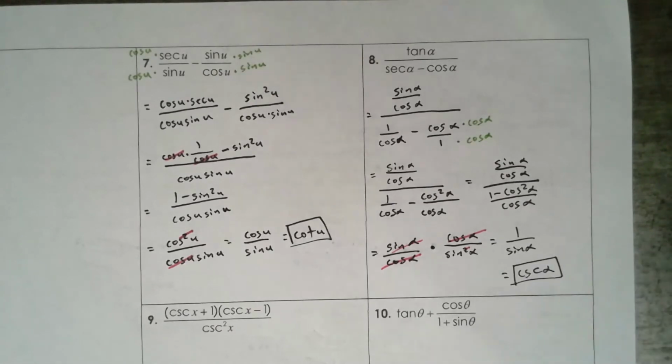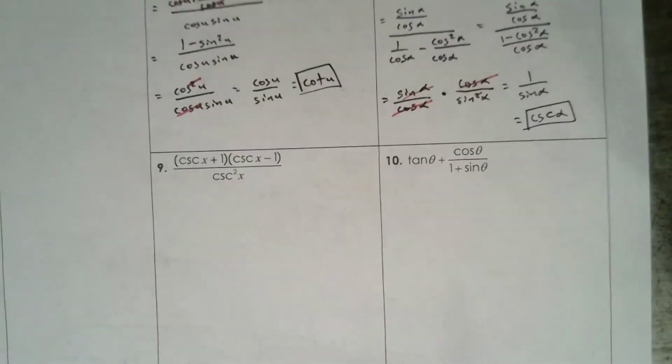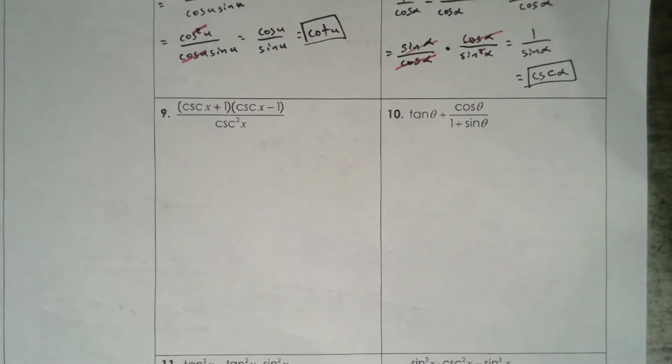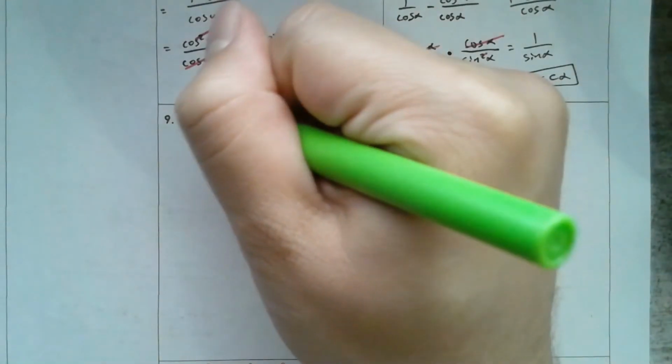Okay, 9. FOIL, right? I have a binomial here and a binomial here. FOIL it out.